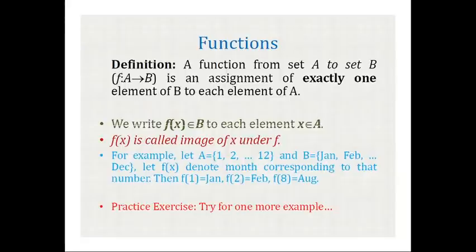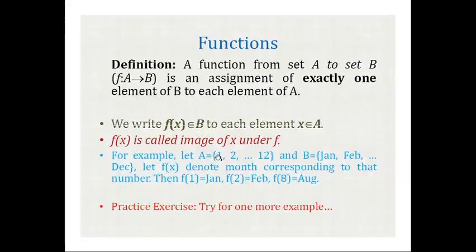Generally, if x is an element of A, f of x in this example is going to represent the month. How are the months kept in order? First we have January, then February, then March, then April, and so on. So in that order we are going to map this.